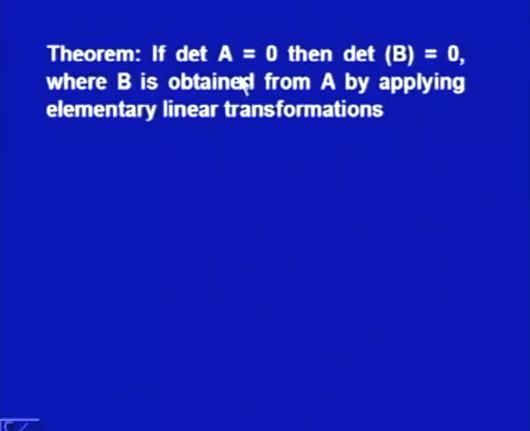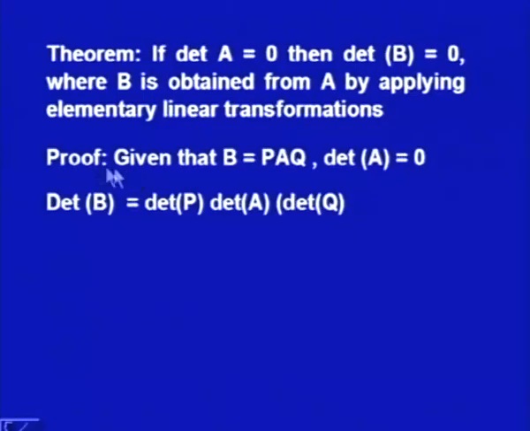Now, we have a result which says that if determinant A is equal to 0, then determinant B is 0 when B is obtained from A by elementary linear transformations. This result we have established in my earlier lectures.